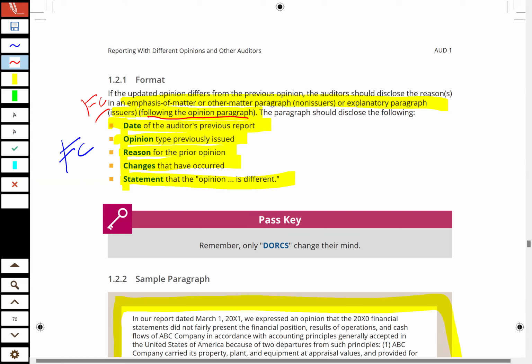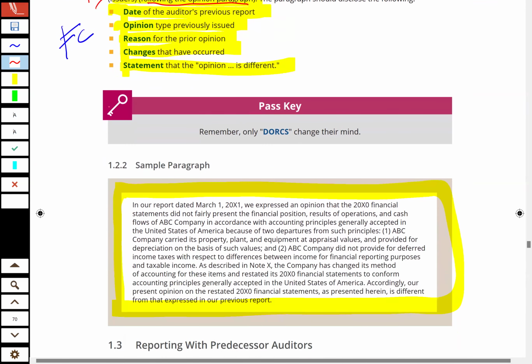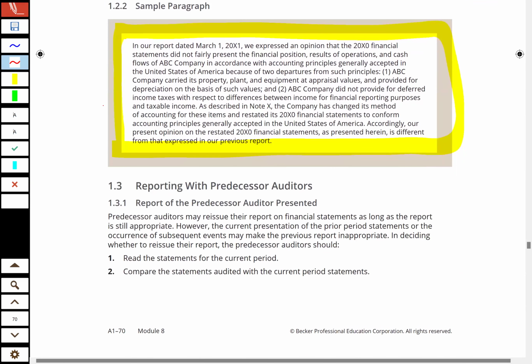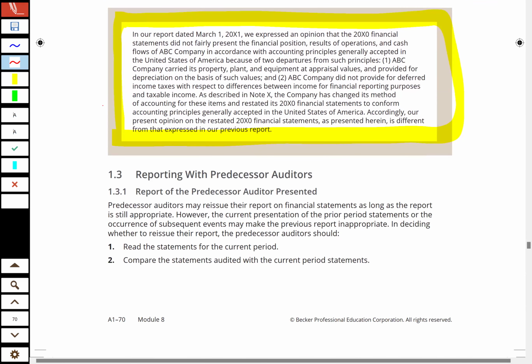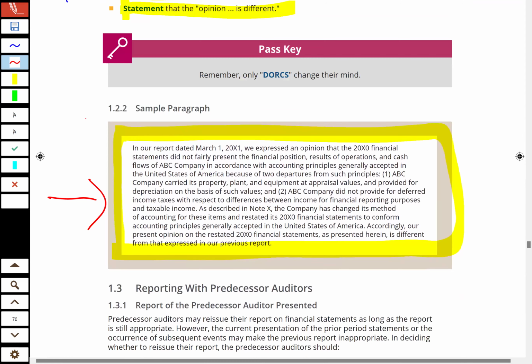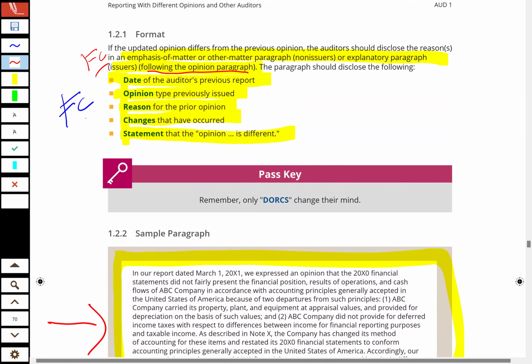Okay, good. Come over to the report of predecessor auditors. So what happens here? By the way, this report contains the elements that are talked about up here, so you don't have to memorize the report exactly the way it's written there.